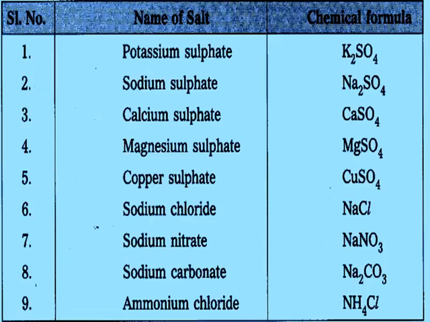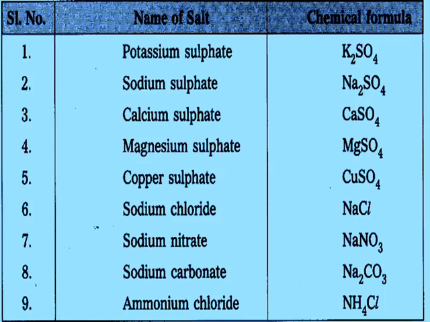Similarly, the names of the compounds and the chemical formulas of the compounds are given here in tabular form. Potassium sulfate, K2SO4, sodium sulfate, Na2SO4, calcium sulfate, CaSO4, magnesium sulfate, MgSO4, copper sulfate, CuSO4, sodium chloride, NaCl, sodium nitrate, NaNO3, sodium carbonate, Na2CO3, ammonium chloride, NH4Cl.